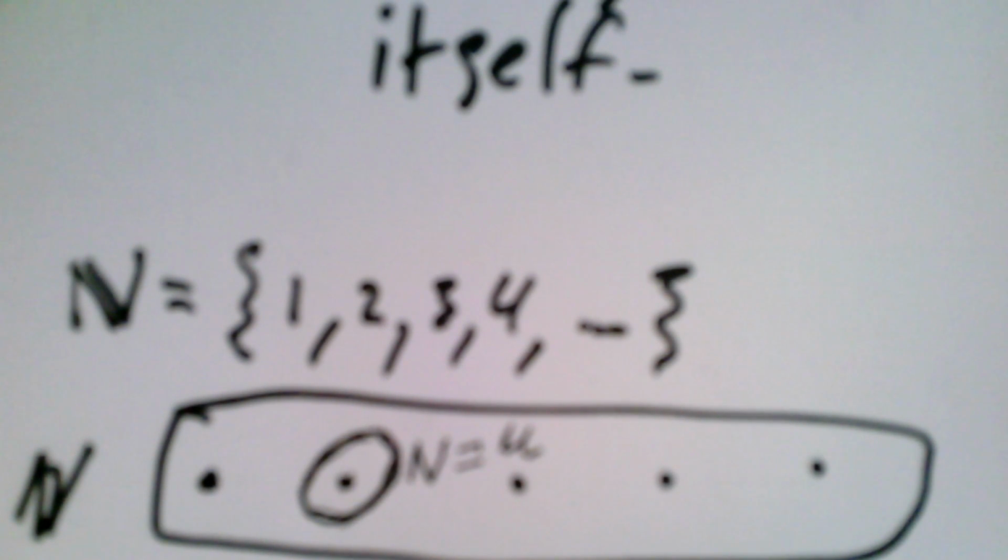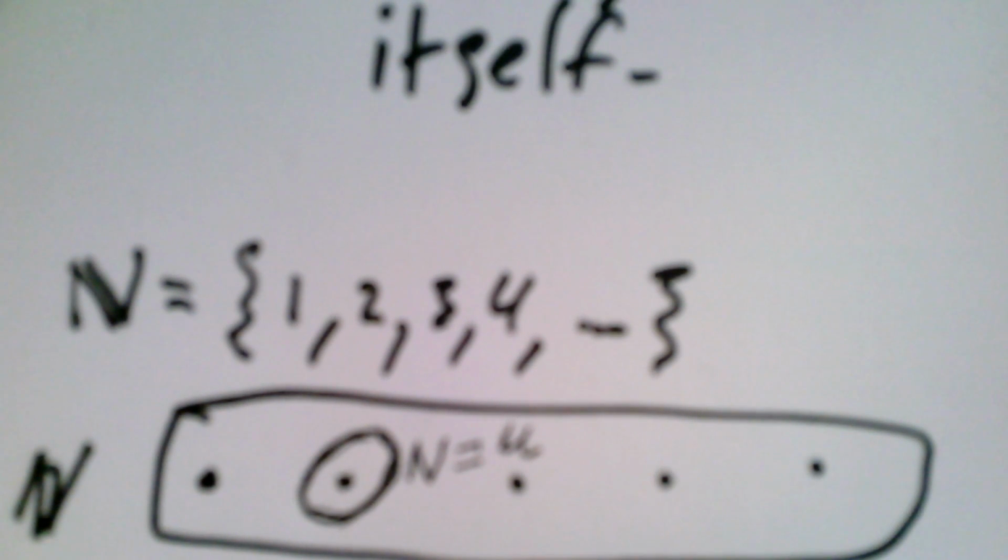So there's no way to get any of the points inside of N into a meager set, because none of them fit into a nowhere dense set, and a meager set is made of nowhere dense sets. Oh well. So N is not meager in itself, but N is meager in Q, and it's meager in R.